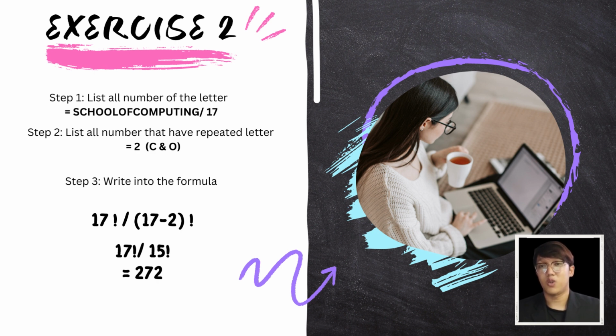So here we only got 2 repeated letters, which are C and O. Okay, step 3, we add them into the formula. So the total number of letters divided by the total number of letters minus the total number of repeated letters. So here we got 17 factorial divided by 17 minus 2, and the answer is 272.